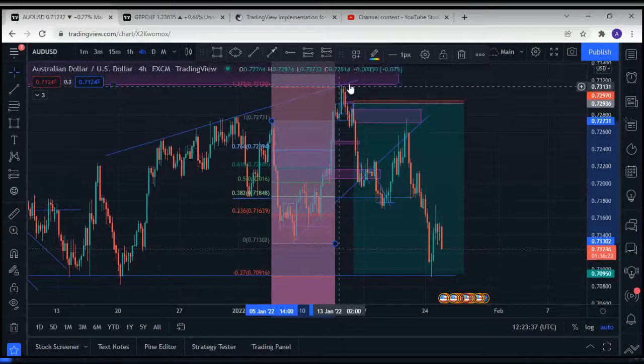However, I missed out on this trade from that spot. I was unable to take the trade at that zone.